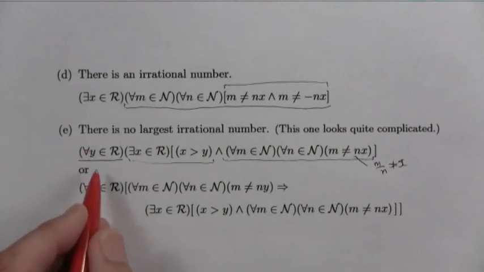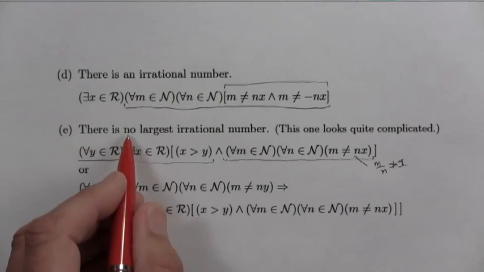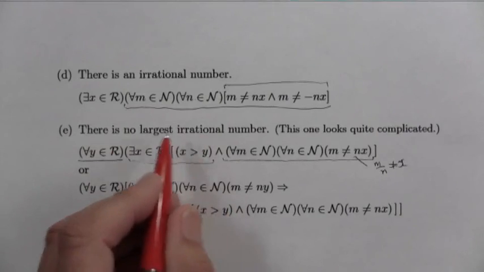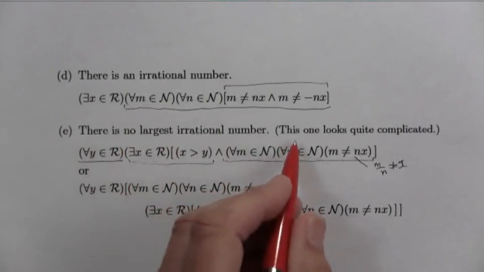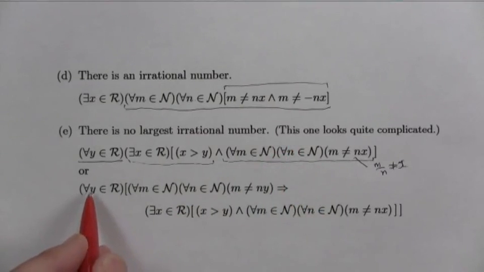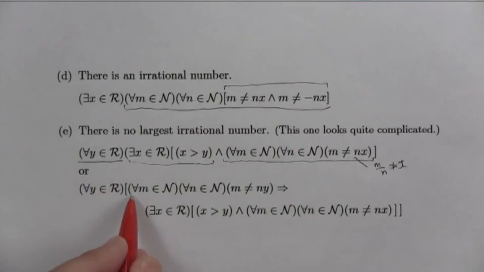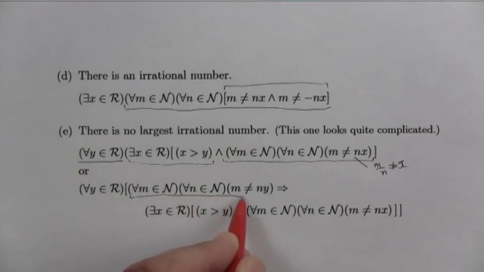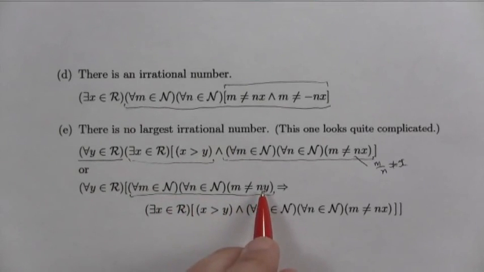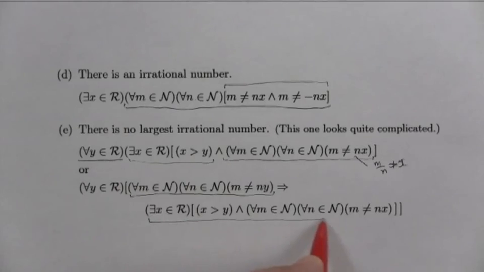Okay. You could, however, say that this is really a statement about just the irrational numbers. Given any irrational number, there's an even bigger irrational number. Then it gets extremely complicated because you have to say, given any real number r, if that number is irrational, then there's an even bigger number that's irrational.